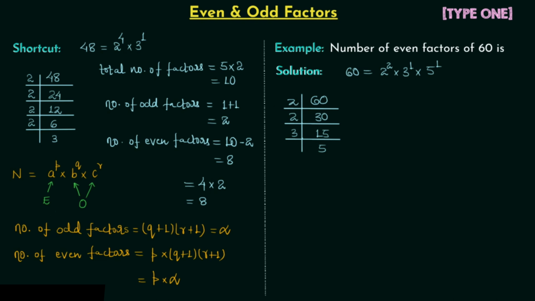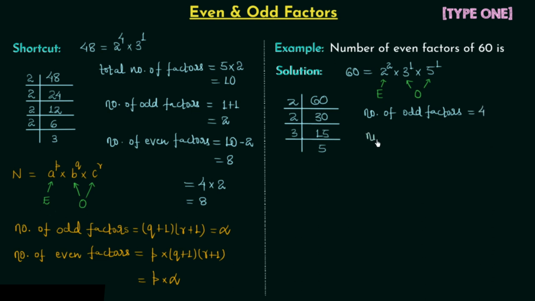Now when you observe, you will find 2 is our even prime factor, and 3 and 5 are our odd prime factors. The number of odd factors will be equal to 1 plus 1 multiplied by 1 plus 1, giving us 4.